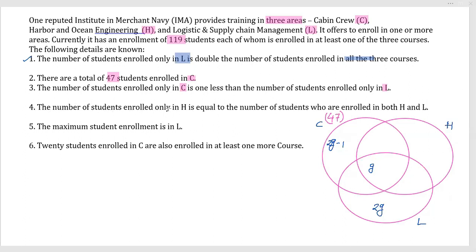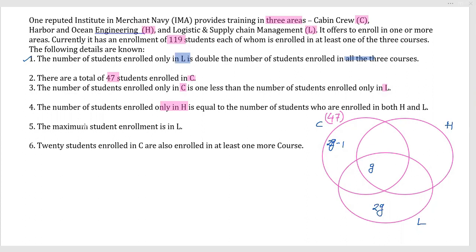The number of students enrolled only in H is equal to the number of students who are enrolled in both H and L. Both H and L, these two are equal.